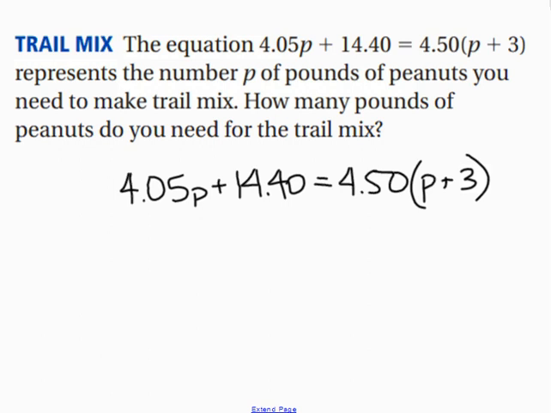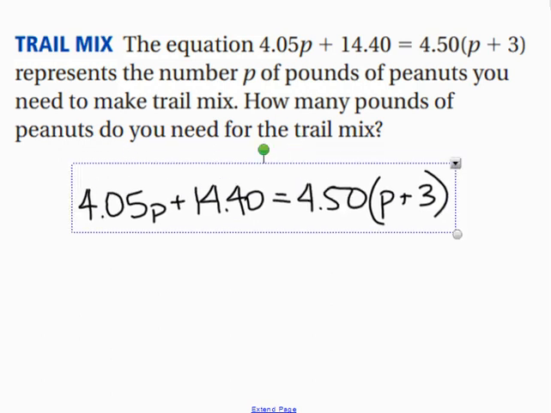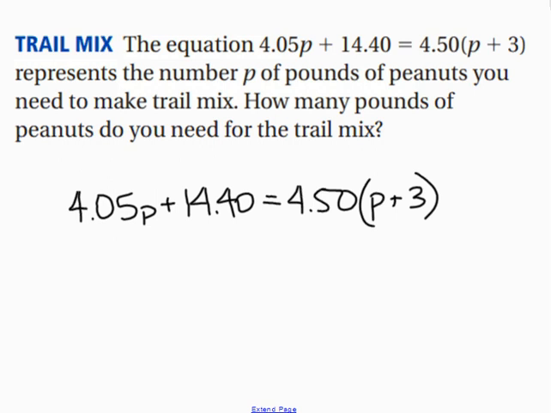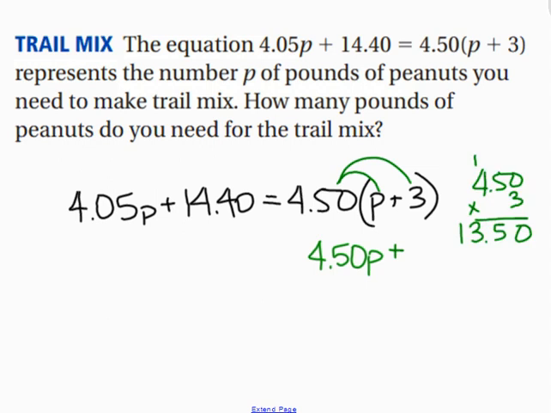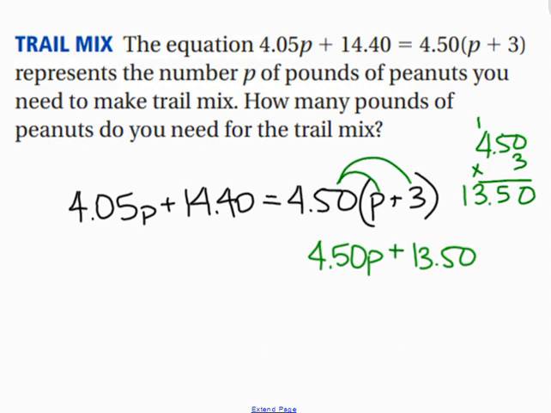All right, let's start by using distributive property right here. 4.50 times p is 4.50p plus 4.50 times 3, which you can see came out to $13.50. Okay, other side of the equation stays the same for now.